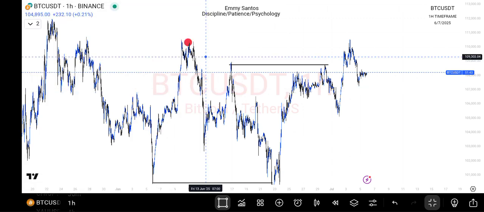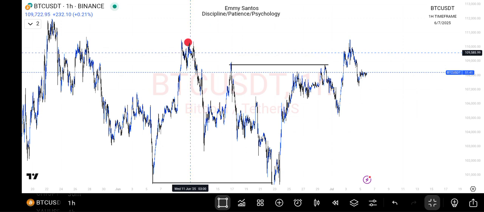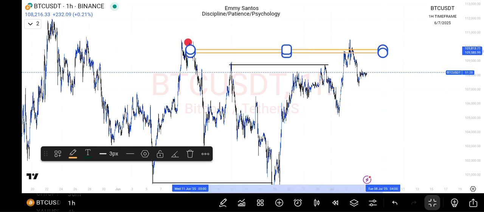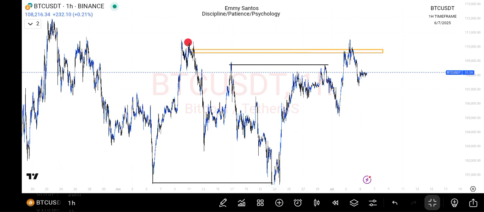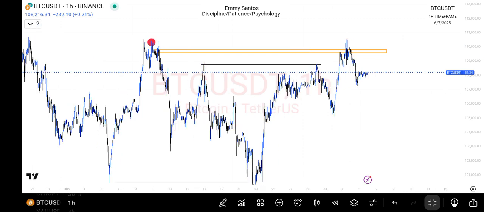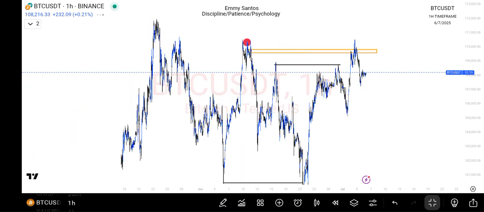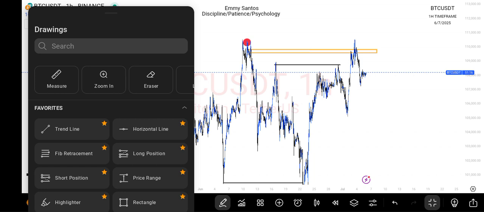This place was exactly where I marked. Then price tapped in. Although I entered this trade with a valid confirmation from the lower time frame.